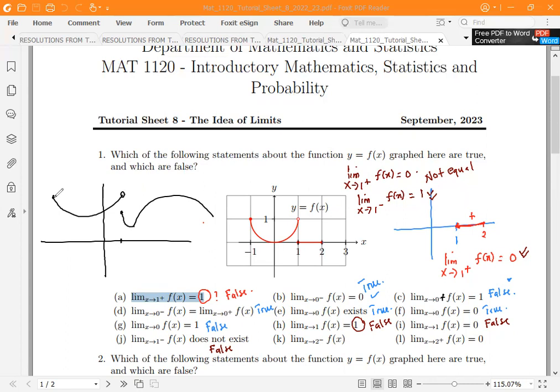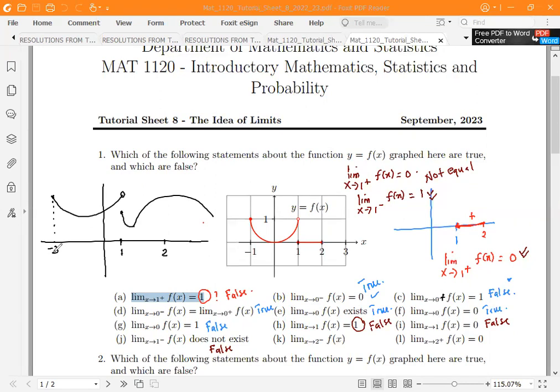I put a number 1 here, a number 2 here, and -3 there.